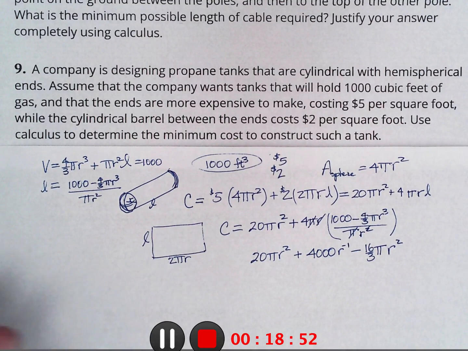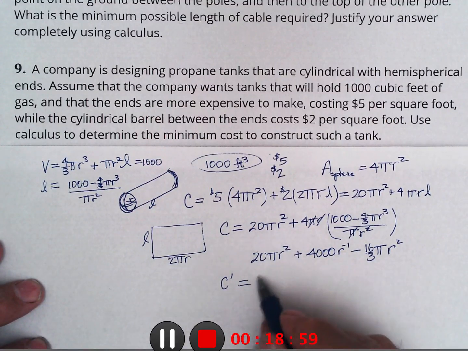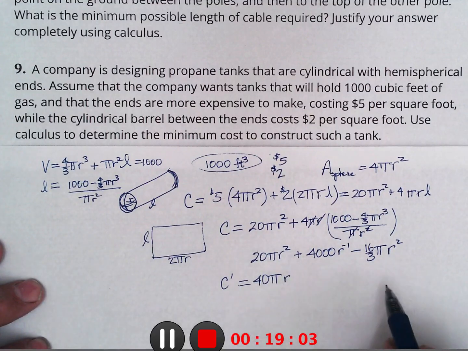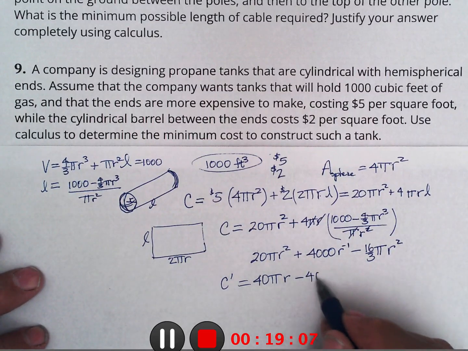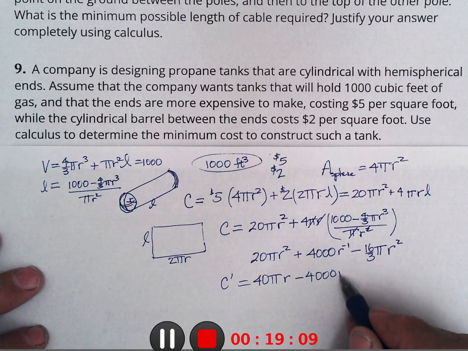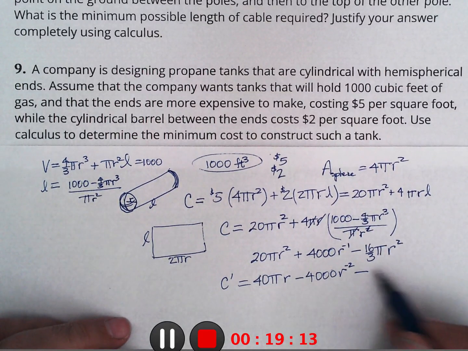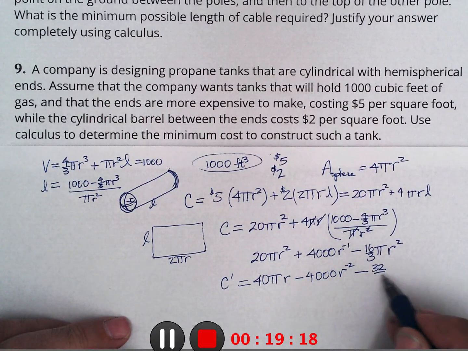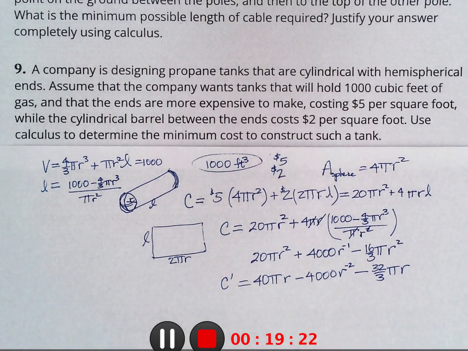So, minimizing the cost, I'm going to take the derivative. So that would be 40 pi r. Derivative of this would be minus 4,000 r to the minus 2, minus, and 2 times this would be 32/3 pi r. And I want to set this equal to 0.